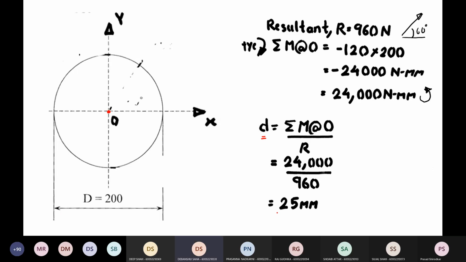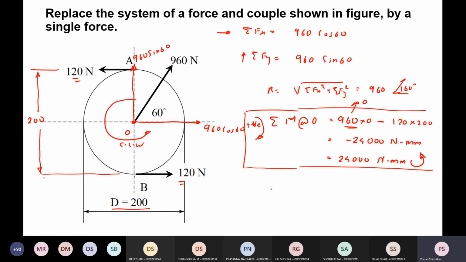Sir, please show the previous slide. So d we have to calculate, it is equal to summation M about O divided by R. That is 24000 divided by R, that is 960.